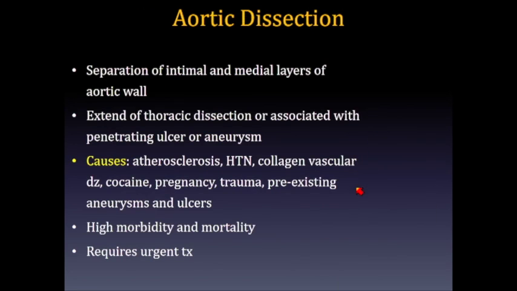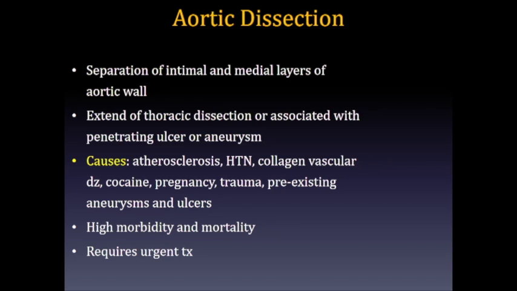So there are multiple pathologies, and we're going to discuss most common ones, and one of which, or most dangerous ones. Aortic dissection is one of those that is due to separation of intimal and medial layers of the aortic wall, and usually it's an extent of thoracic dissection, or there is an association with aneurysms and penetrating ulcers, which are origins sometimes for the dissections.